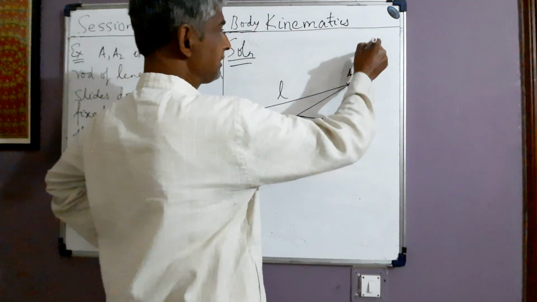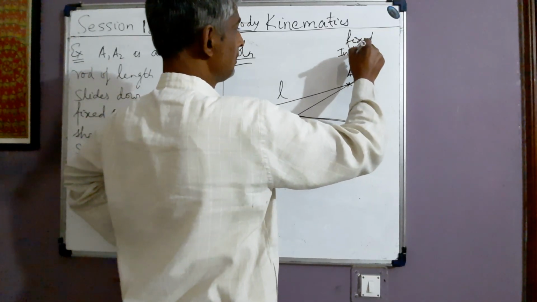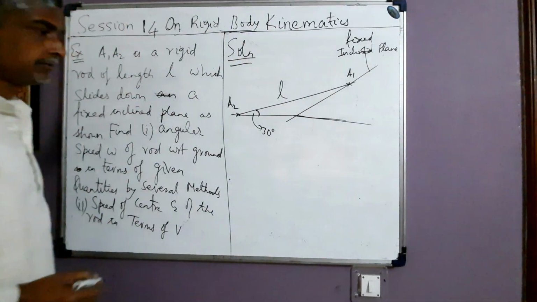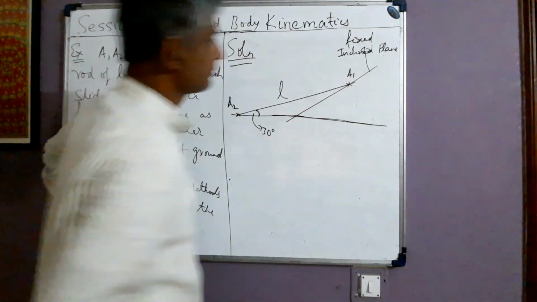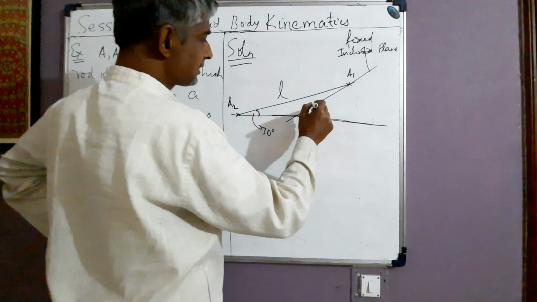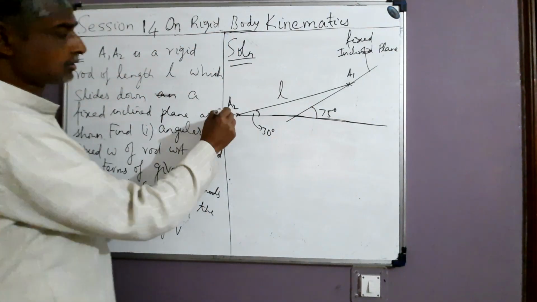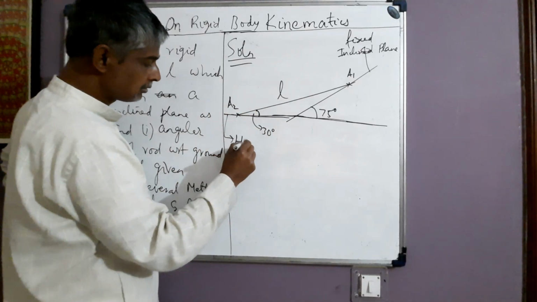And this angle is given to be 75 degree. Okay. And this is the fixed horizontal ground.